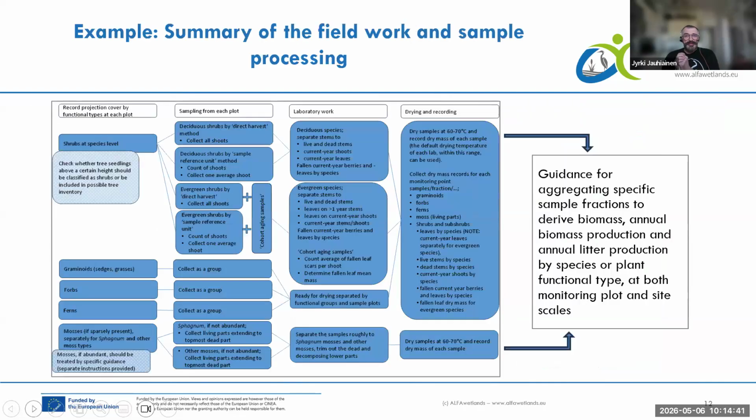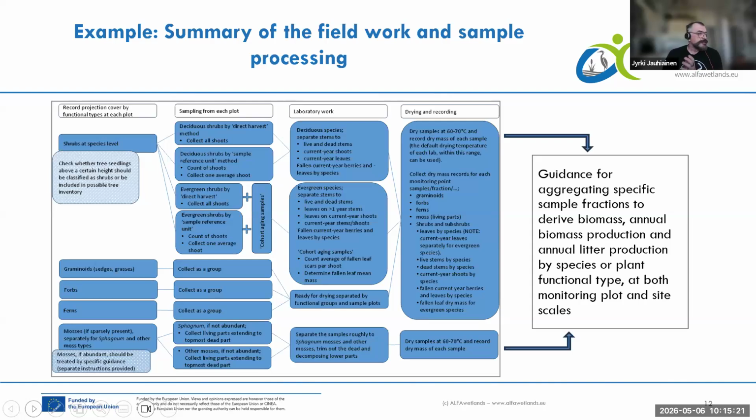Next slide, please. This is a summary table of one part of the work. On the left-hand side, you can see how we divide the vegetation, looking at the proportions of different plant functional types: graminoids, forbs, ferns, mosses, and shrubs. We also provide different ways of establishing the sample plots and what is a fair minimum for doing this work.